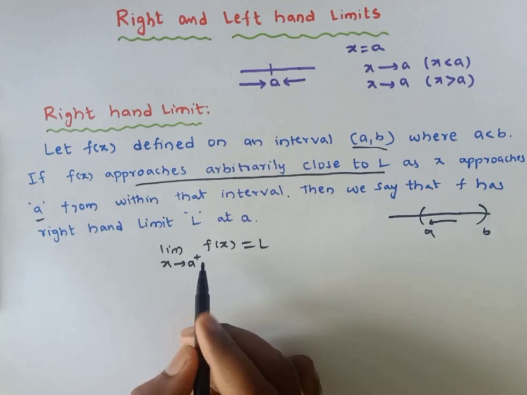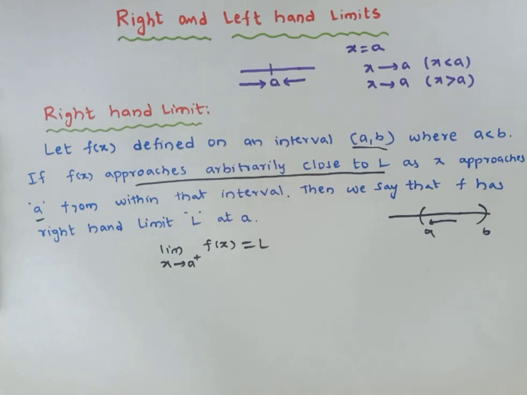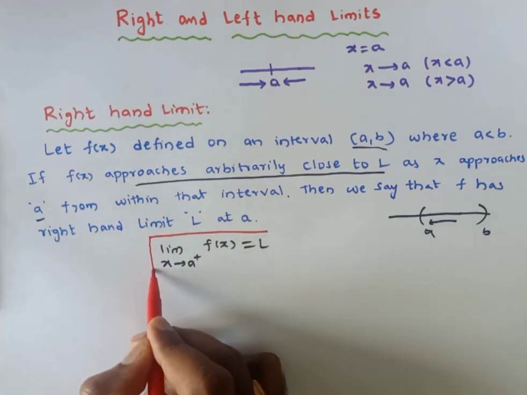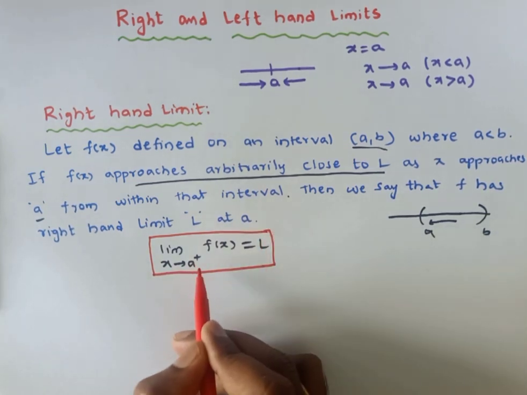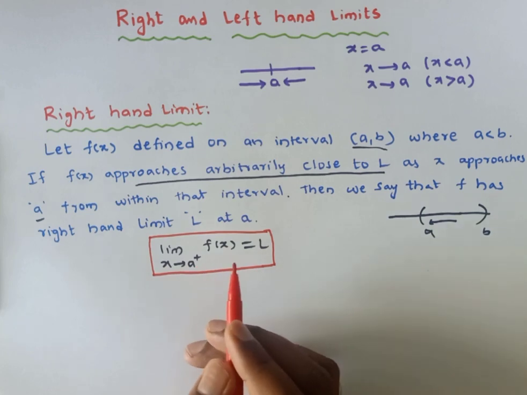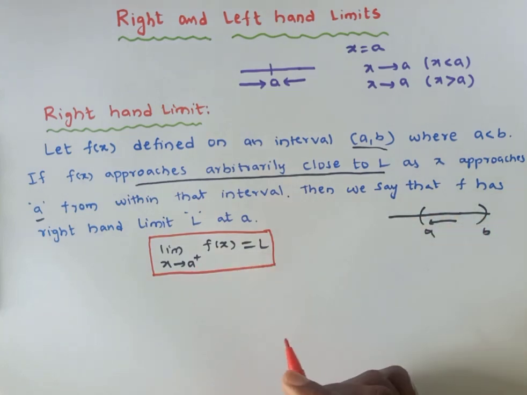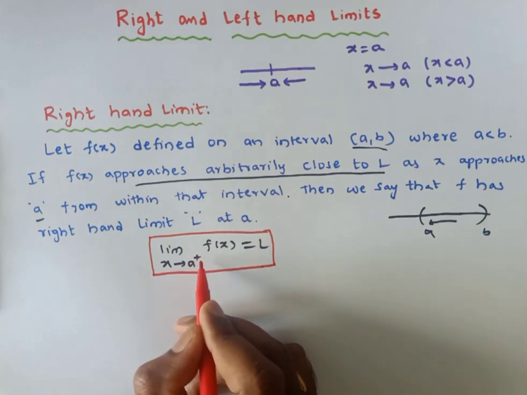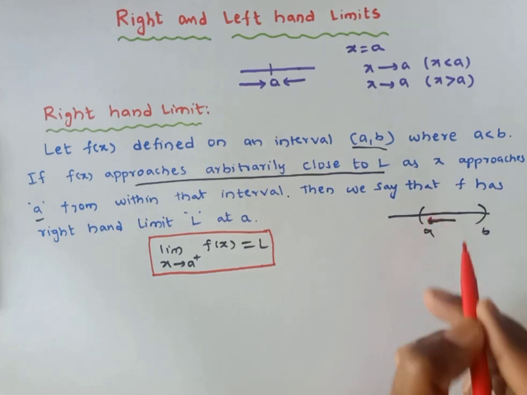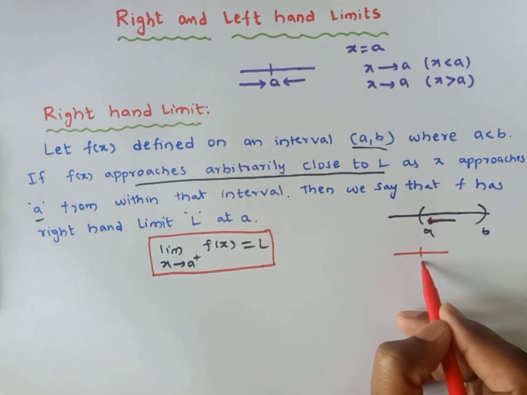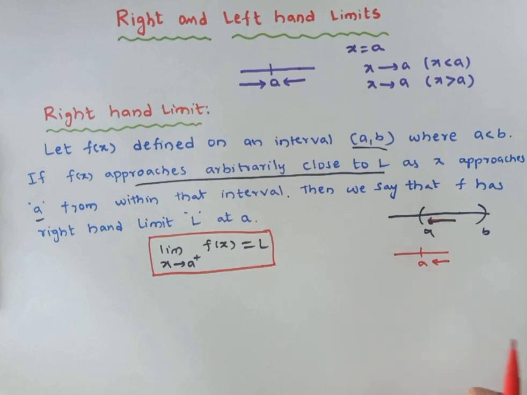To indicate the right hand side, you just write a plus on the power of a. Here the plus does not indicate the sign of a; it indicates that the values of x approach a from the right hand side only. This is a, and x will be approaching from the right hand side.